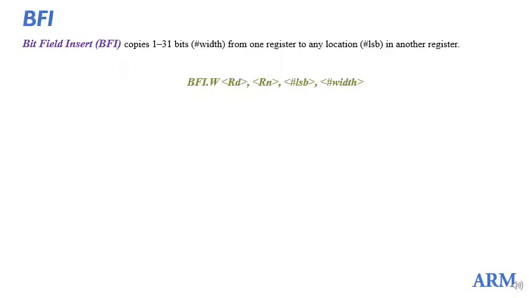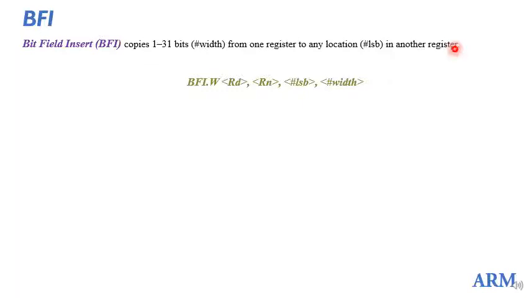Next similar instruction is BFI, that is bit field insert. So this copies 1 to 31 bits equal to the width from one register to any location equal to hash LSB in another register. So this is the same as your bit field clear. In bit field clear, you are going to insert zeros from the specified position and number of bits equal to the width given in the instruction.